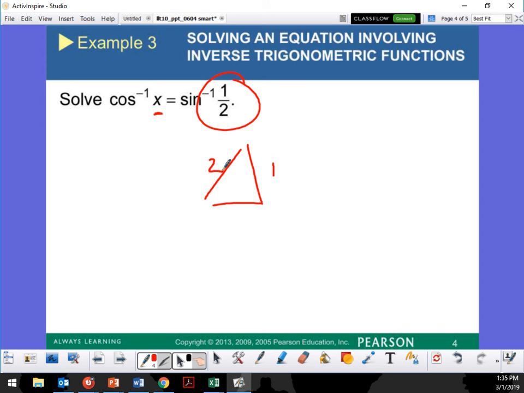And this one right here is going to be Pythagorean theorem. What are we going to get for the bottom? Rad 3? Okay, so it's going to be 1 squared plus x squared equals 2 squared. X squared is 4 minus 1 is 3. Radical 3.